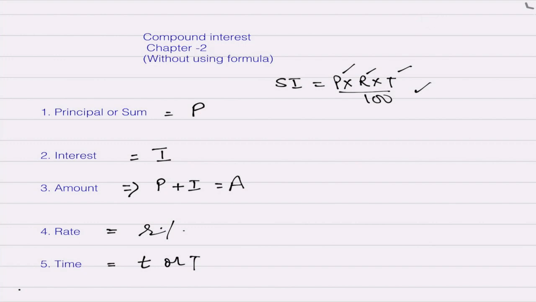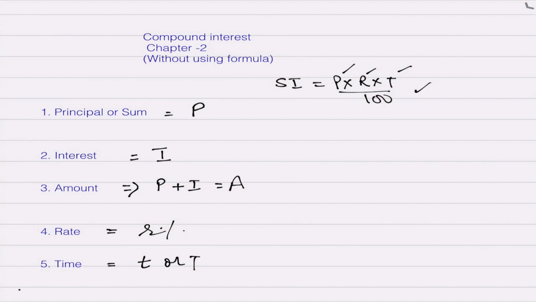But in compound interest, every year the principal changes. The amount of the first year will become the principal for the second year, and the amount of the second year will become the principal for the third year, and so on. So the major difference between simple interest and compound interest is that the principal remains fixed for simple interest, but in compound interest every year the principal changes.